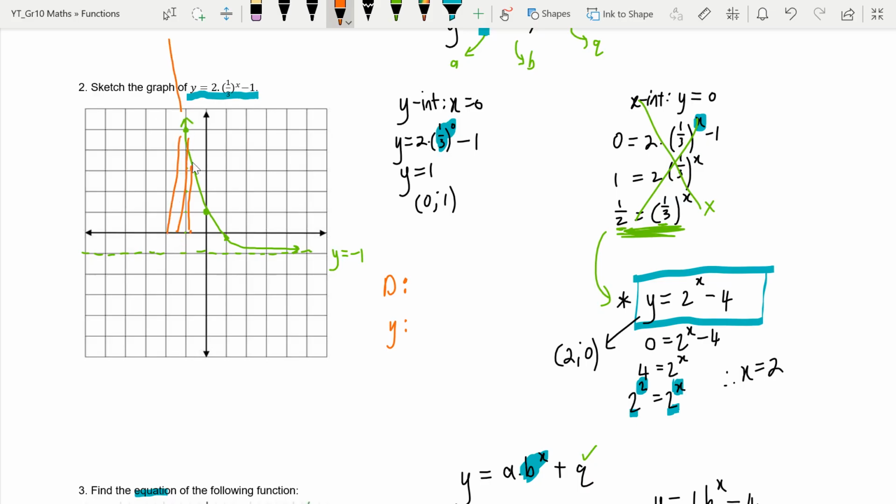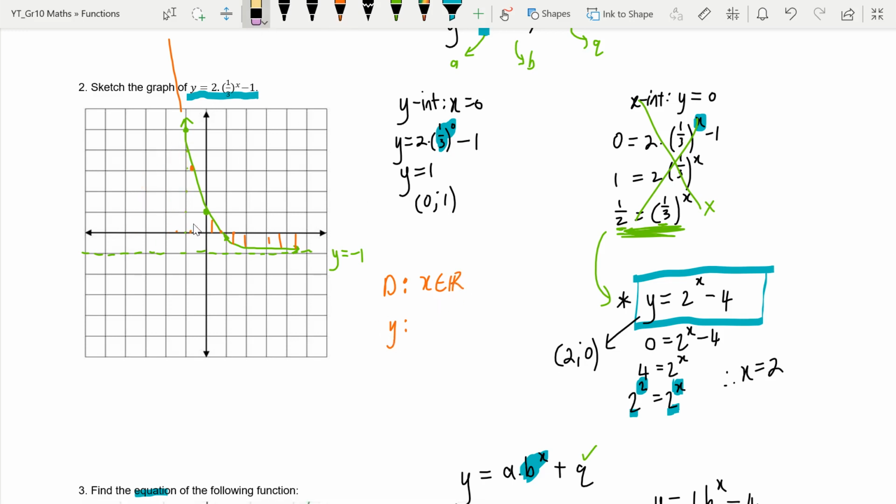If I go to this side, there will be solutions because the graph is carrying on to negative infinity. There's a solution, and it carries on and on. So there are no restrictions for our domain, for our x values.